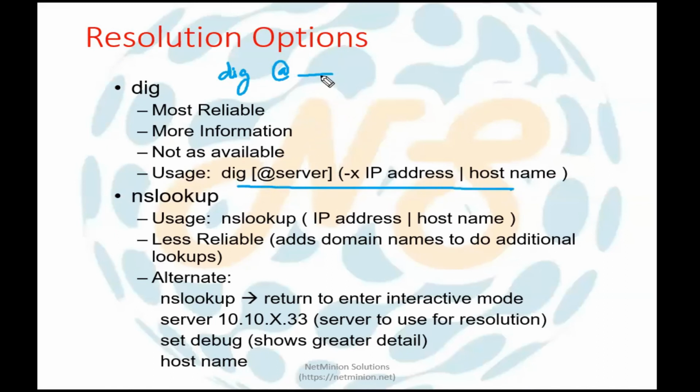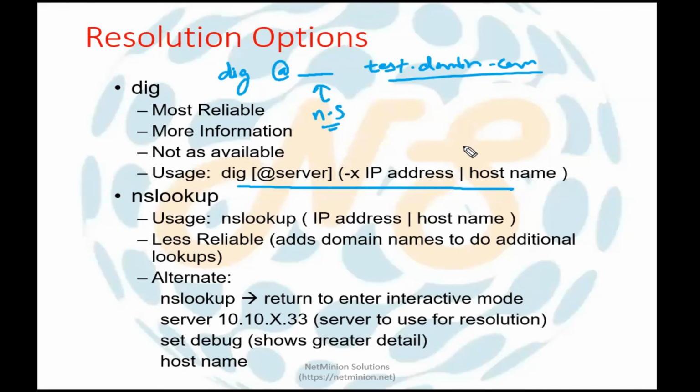Destination. And then whatever, let us say test.domain.com. And this IP address, what is this? This is our destination. So this is your name server, and it will give us all the DNS related information: all the headers, flags.